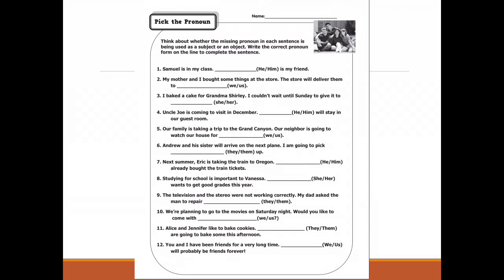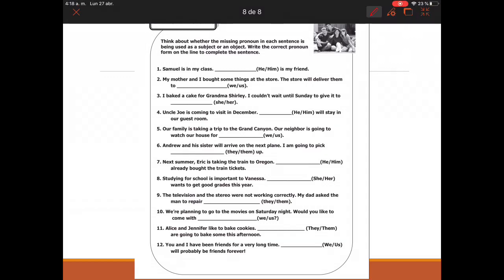And at the side of your sentence, you will put if it's object or subject. In this case, it's a subject, so you will put an S. And that's the way that you will make your assignment.